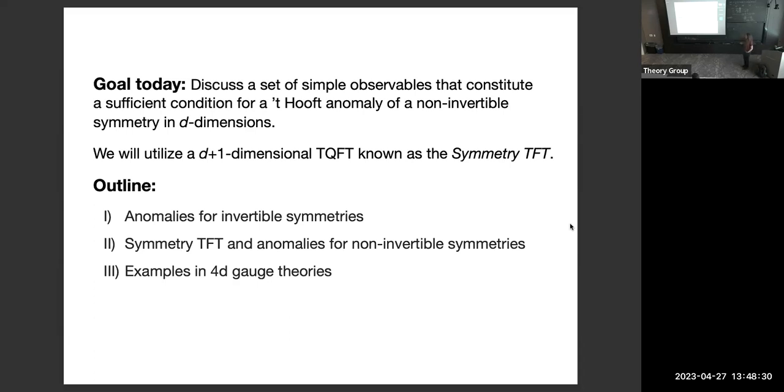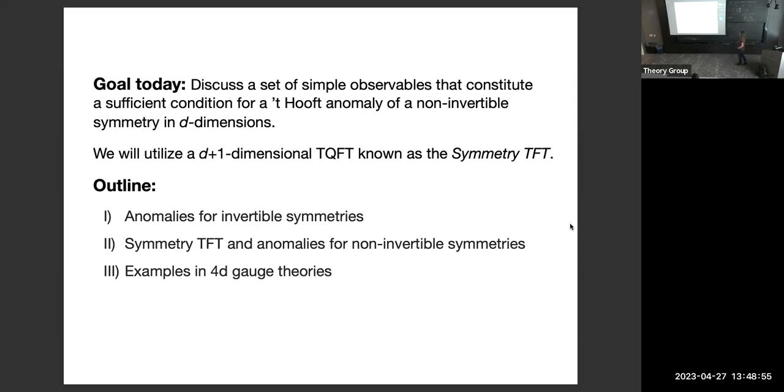And so for the rest of the talk, I'll first remind you about anomalies for invertible symmetries and why they're so great and how we describe them using anomaly inflow. And then I'm going to introduce this notion of the symmetry topological field theory and how we can use it to say something about anomalies for non-invertible symmetries.